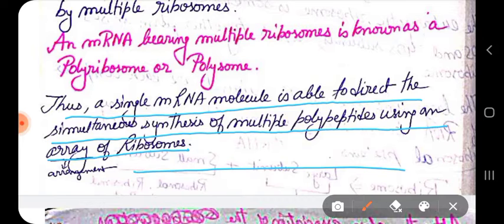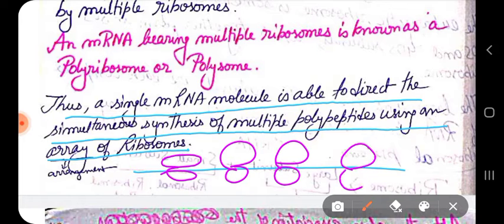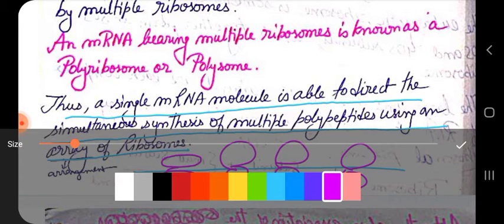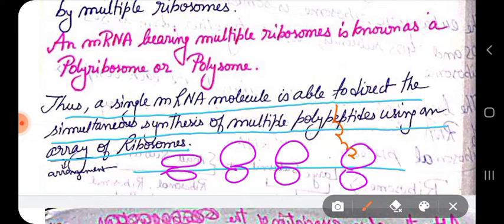So if this is the single mRNA, multiple ribosomes can associate and start the synthesis of the polypeptide chain. This is the 5 prime, this is the 3 prime. So in this way polypeptide synthesis is being done.